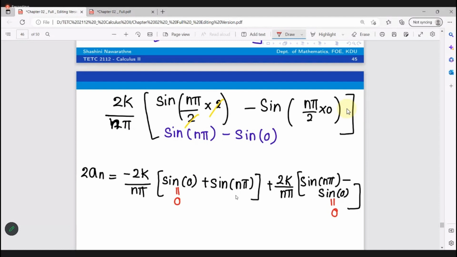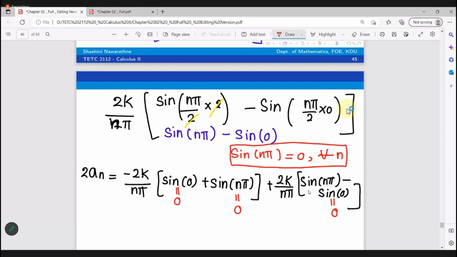It's 0. Remember that. This is really important. Sin n phi is equal to 0 for all n. For all the values of n, sin n phi is equal to 0.